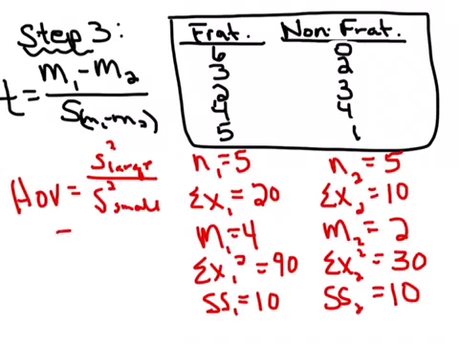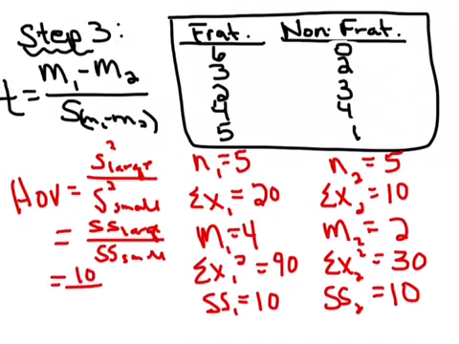But in this case, because we have equal sample sizes, we can use sums of square large over sums of square small, which we don't have a larger or smaller because we have 10 for both over 10, which equals 1.